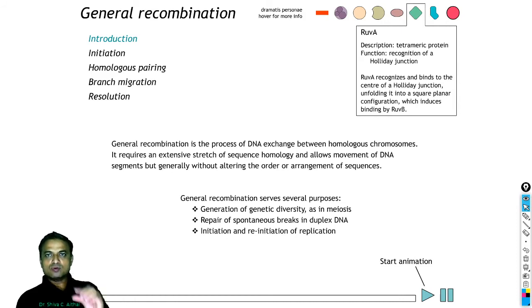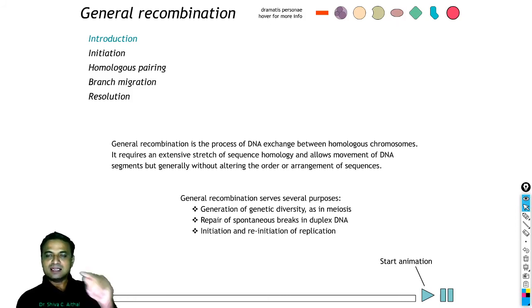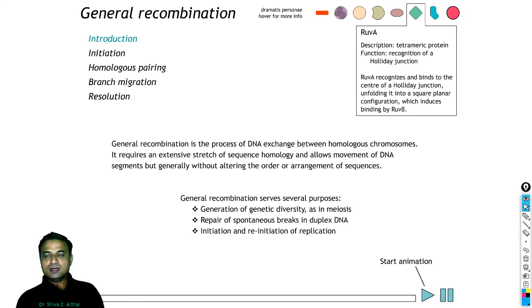Once the 2 plus 2, four strands are there and they form a certain interlocking junction, you will see in animation that the junction has to be resolved, and that is resolved by Rhubarb. Rhubarb recognizes and binds to the center of the Holliday junction model. It unfolds it into a square planar configuration which induces binding by Rhubarb.